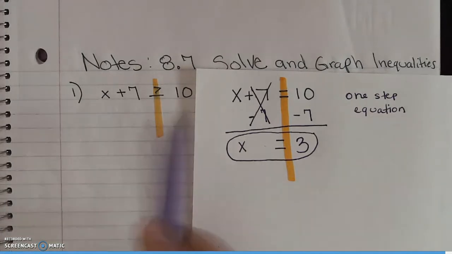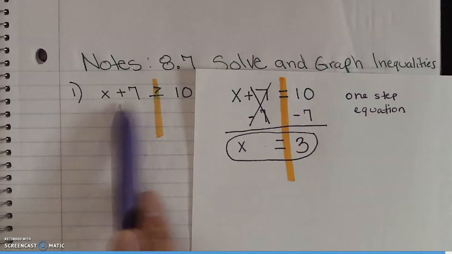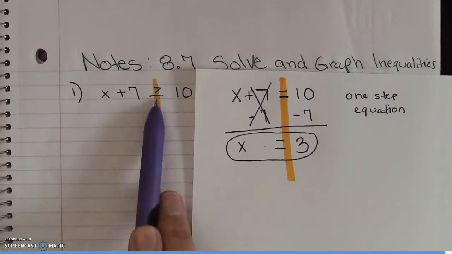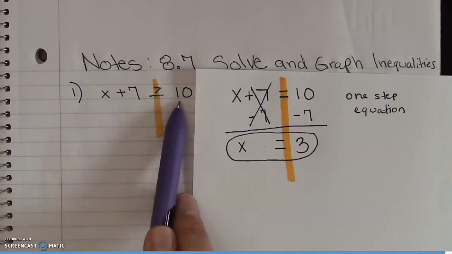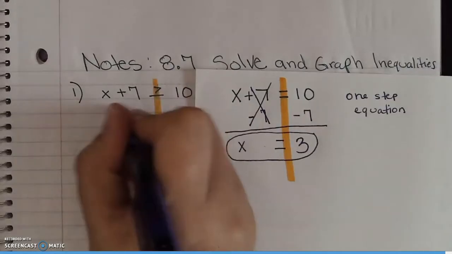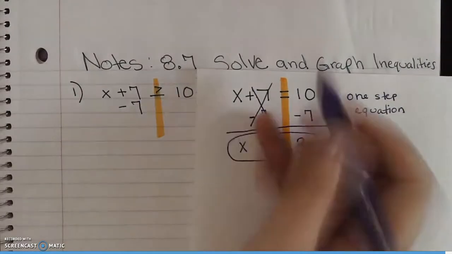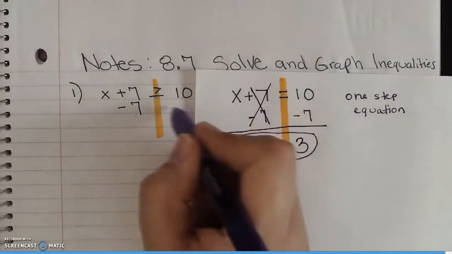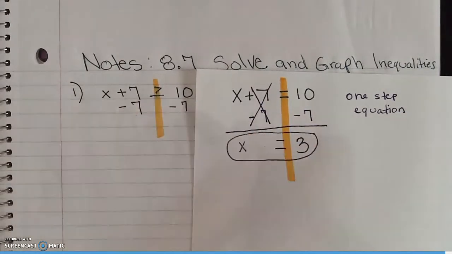So if I have x plus 7, something plus 7 should be greater than or equal to 10. If I have plus 7, the opposite would be minus 7. And what you do on one side, you do on the other, minus 7.